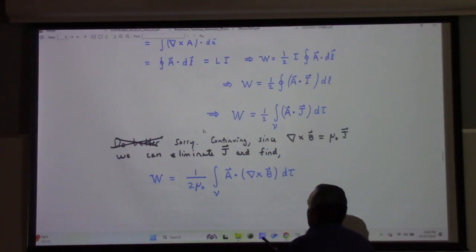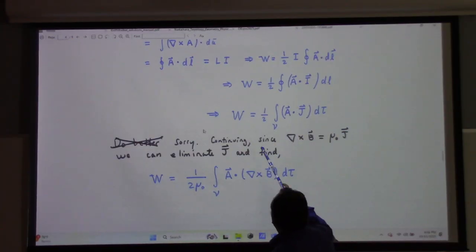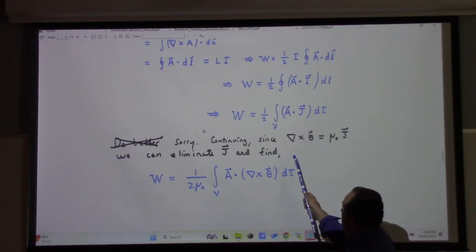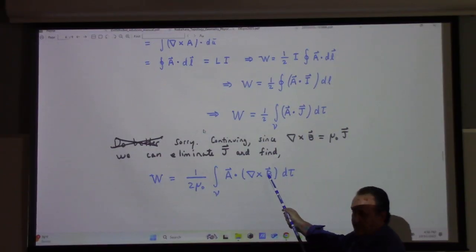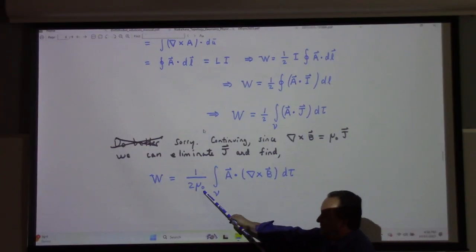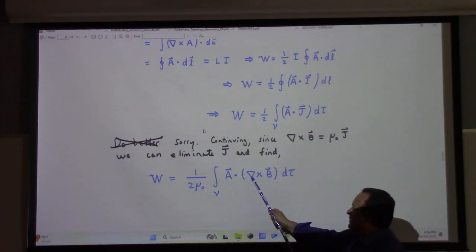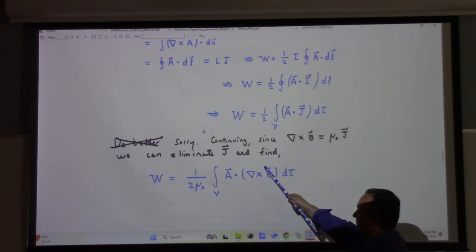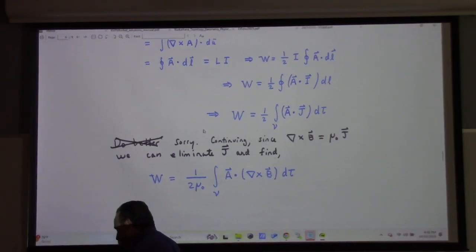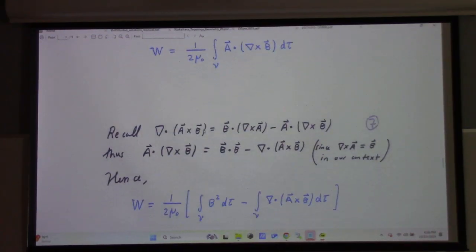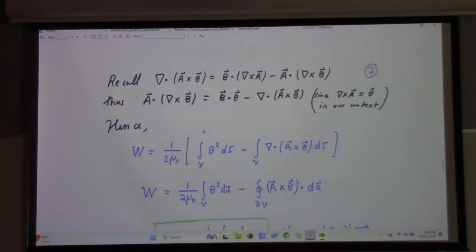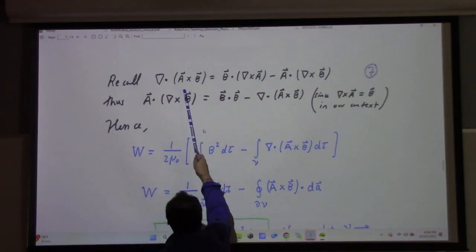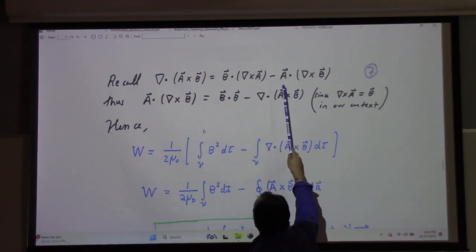But anyway, so this is A dot J, but J is the curl of B by Ampere's law. Notice the mu naught over here. So 1 over mu naught times the curl is equal to J. And then we have the product rule, right?